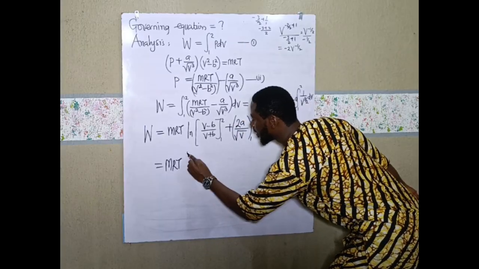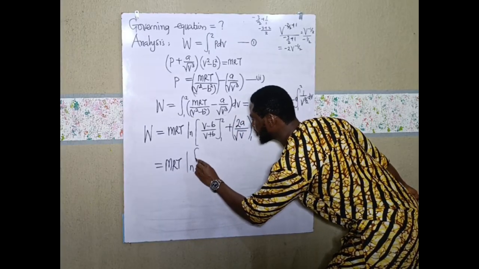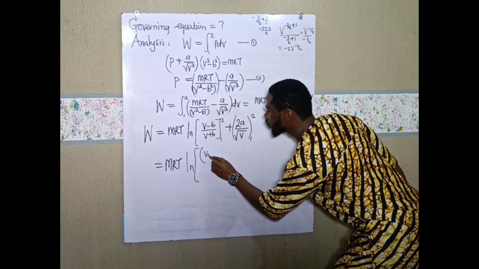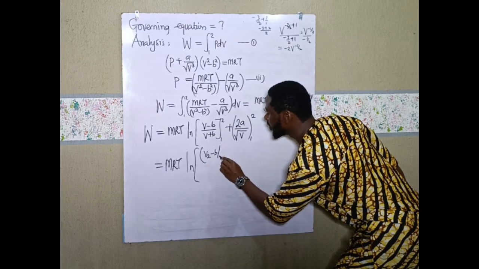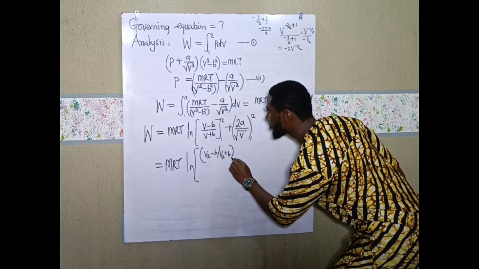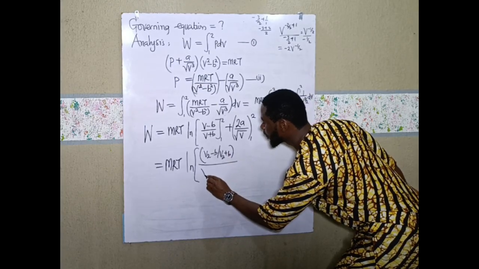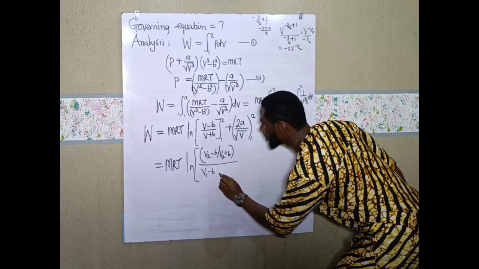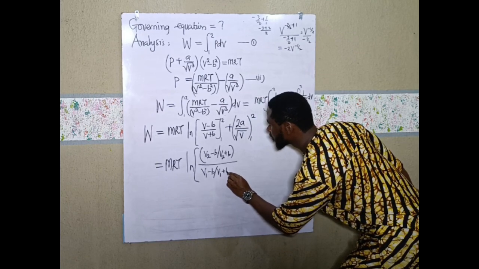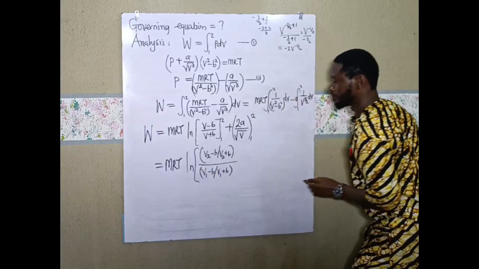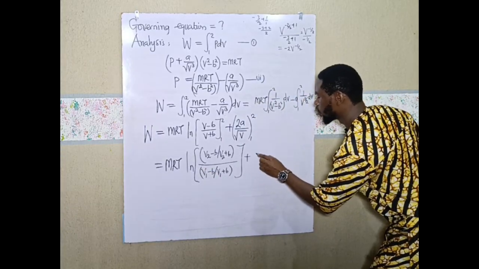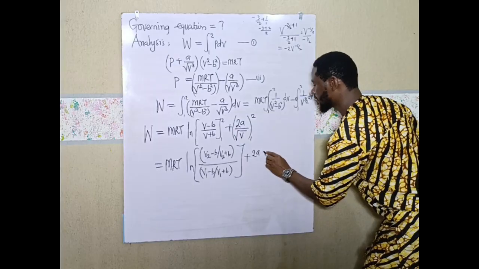Now, substituting the limit 1 and 2 into this equation, the final expression becomes MRT ln of ((V2 minus B divided by V2 plus B) divided by (V1 minus B over V1 plus B)) plus 2A, which is common in this case.